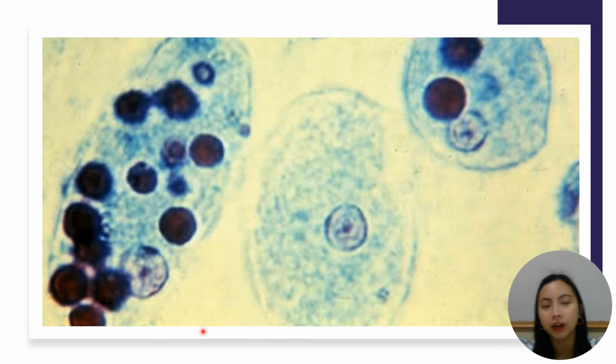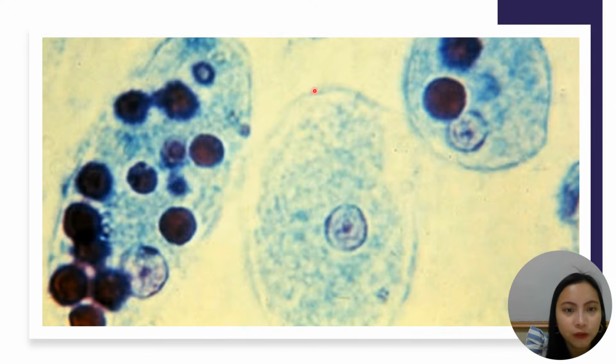Another example of parasitism is the infection of Entamoeba histolytica. I know everyone is familiar with amoebiasis, so this is the culprit for amoebic dysentery. So its nucleus is here, and this is the organism. Also here, this is the organism with the nucleus here. These dark blue colors are red blood cells.